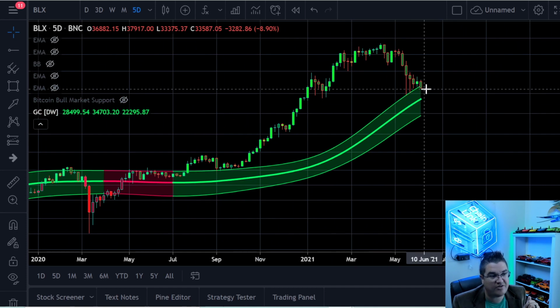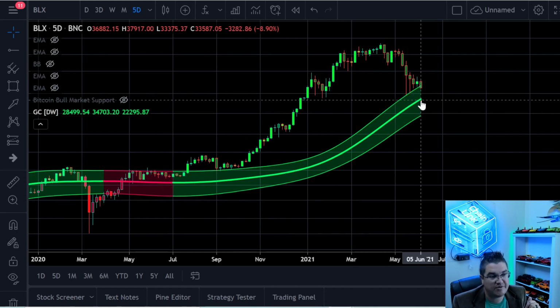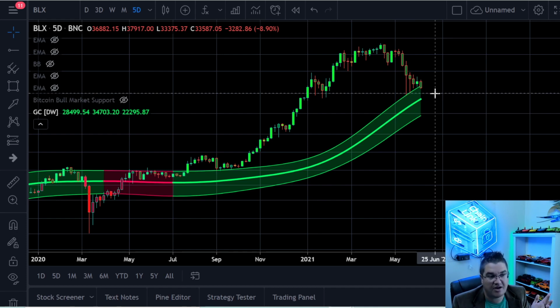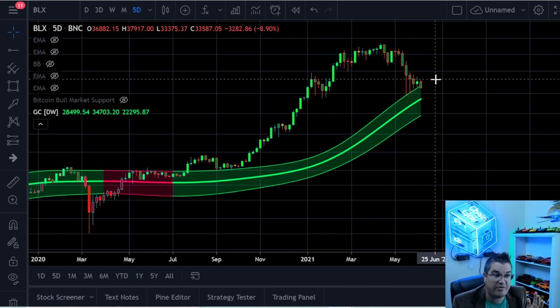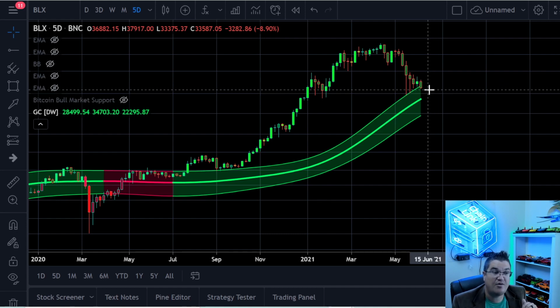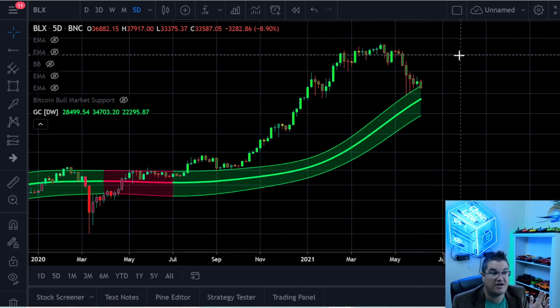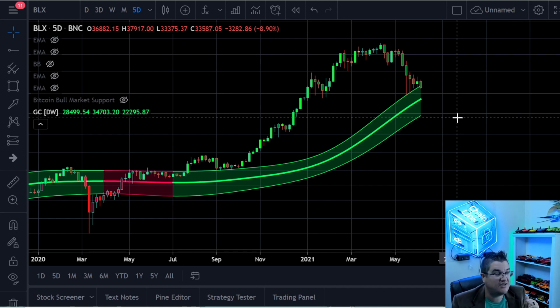If we start coming down into the channel, we would look for support, like I said, right on that, which will move up. A double bottom would make sense, hit support on that middle line, and then maybe we get at least a little bit of a rally. Maybe we hit that and come out of it, and for the first time ever, we'll have to wait and see. But now you have another tool for your toolkit.